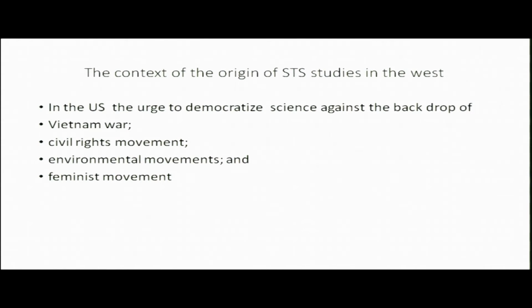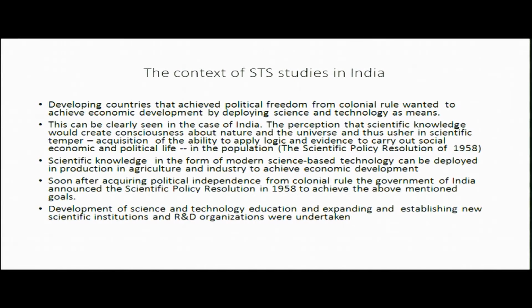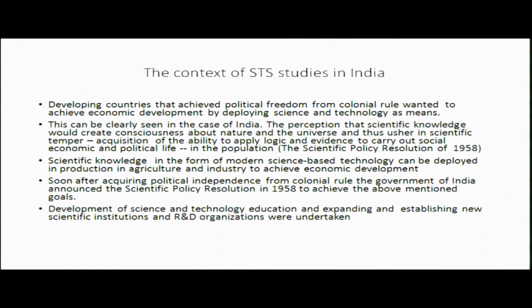took shape in the US. In the context of developing countries, also we see a lot of scientific technological activities today, and these developing countries, which achieved political freedom from colonial rule after the Second World War, wanted to achieve economic development by deploying science and technology as means. This can be clearly seen in the case of India, which gained independence in 1947 from British rule.